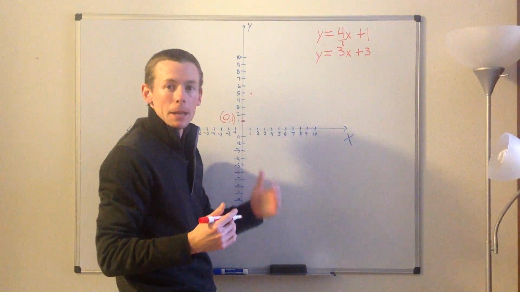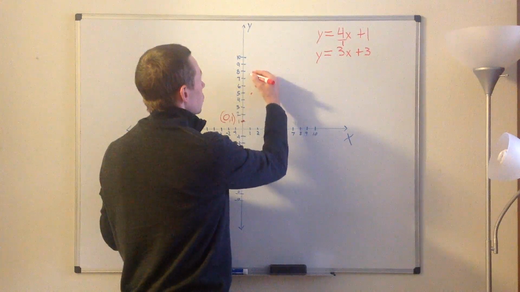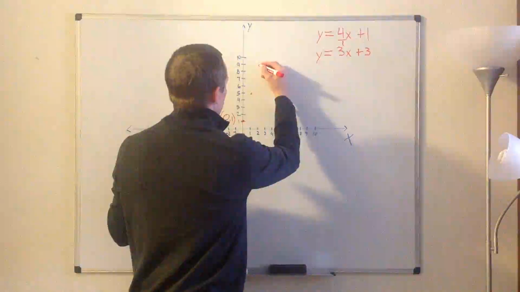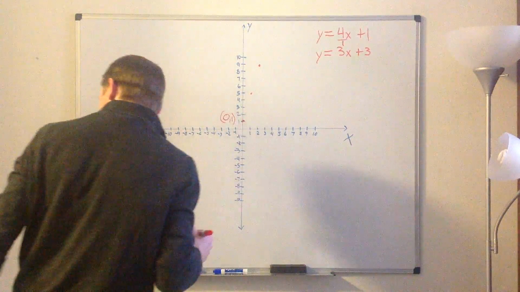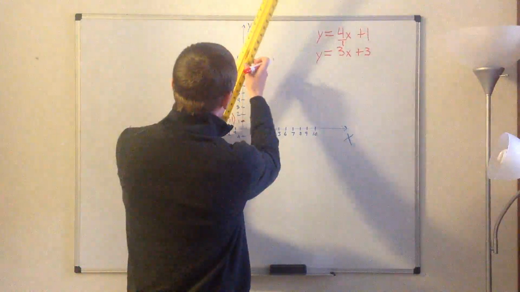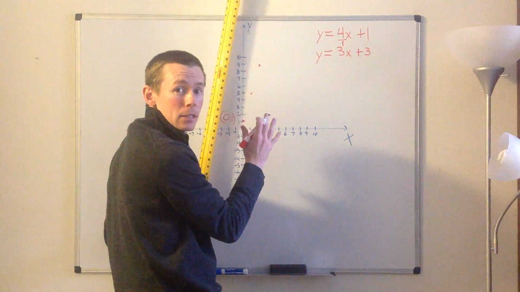We can keep repeating that pattern and plot as many points as we like. Up 4, 1, 2, 3, 4, and to the right 1. So then what I can do is I have points here that have been plotted on this line, so I can connect the points with a line.